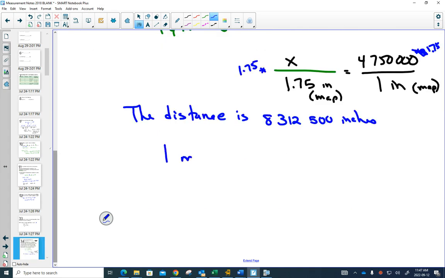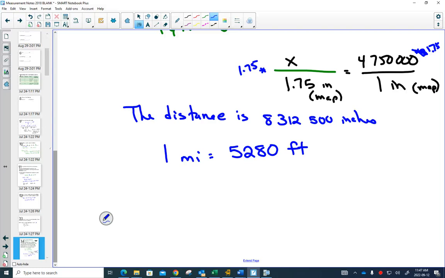We know that 1 mile, is this the right number? 5,280? 1 mile is 5,280. So how would we use that to be able to help us?